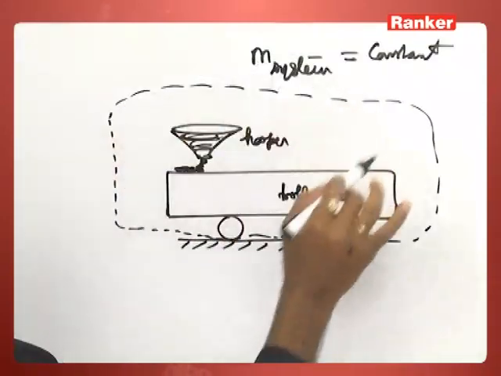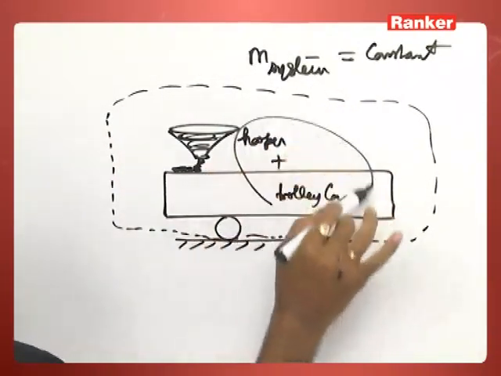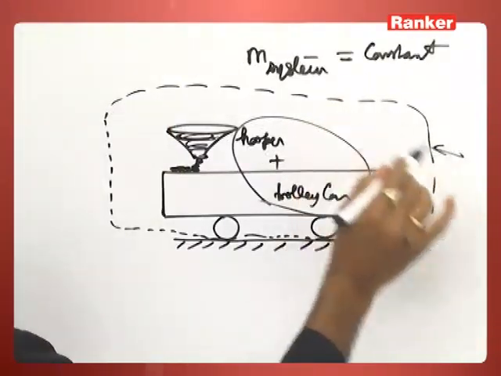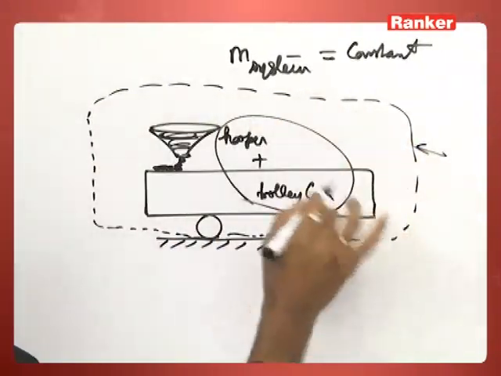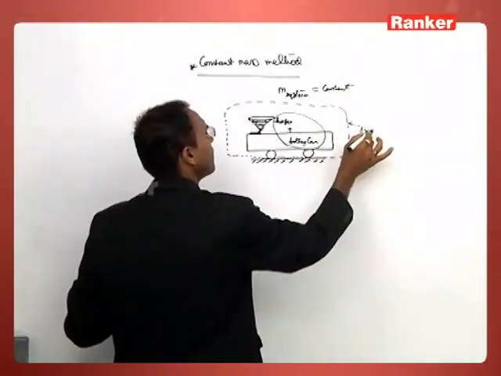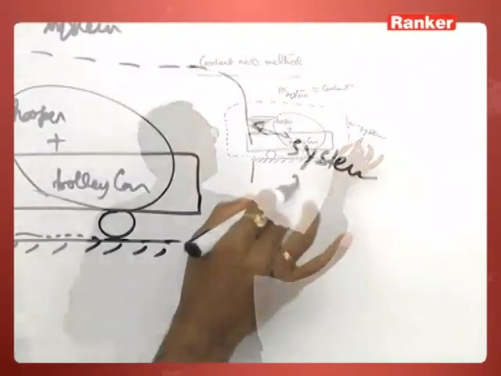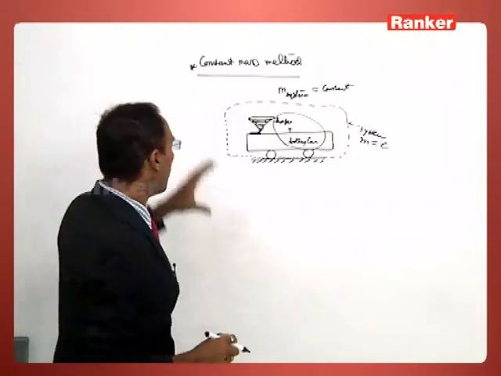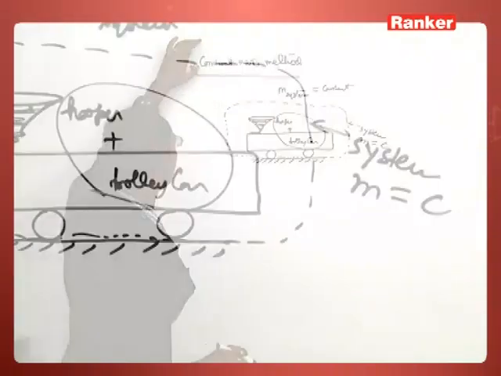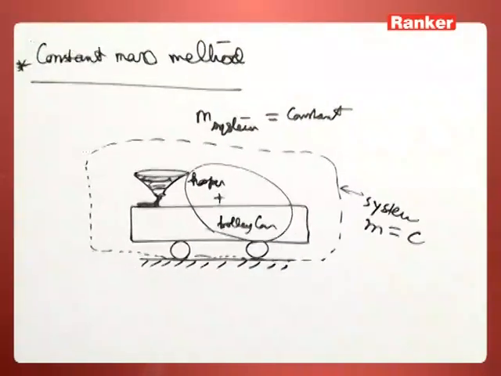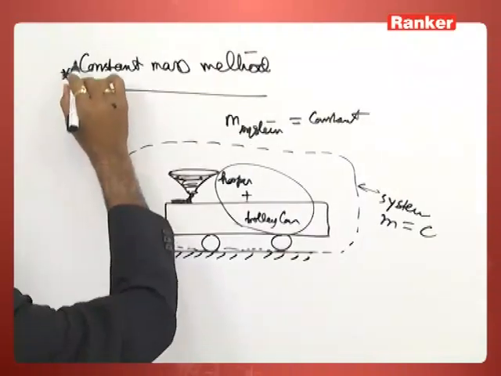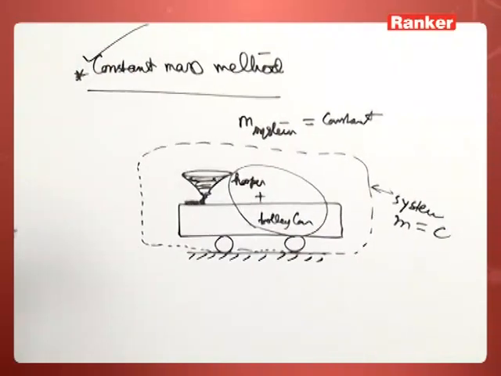However, if you take the hopper plus trolley car as a system, given by the dotted line, enclosed by the dotted line, mass of the system remains constant. Once you choose the system, constant mass method will work. Choosing of the system is first.